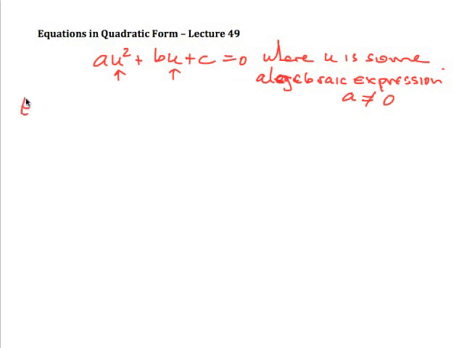So let's look at how we actually go about doing this by looking at an example of one that is in quadratic form and how we go about solving it. So let's solve each equation.